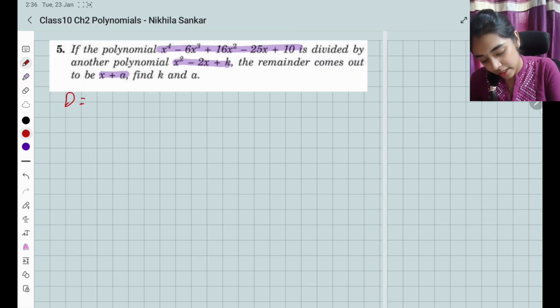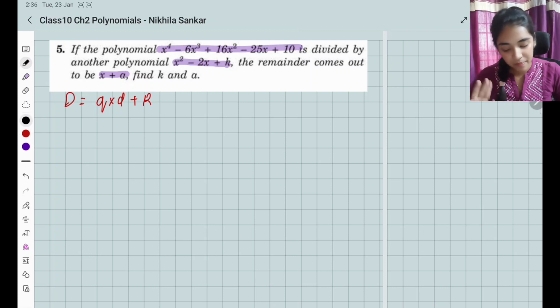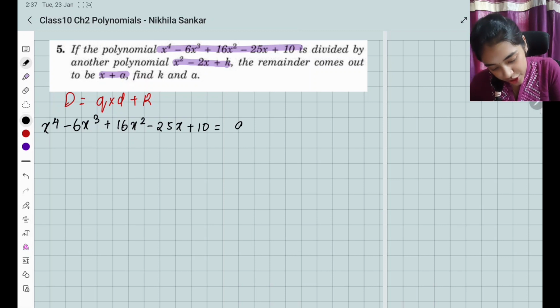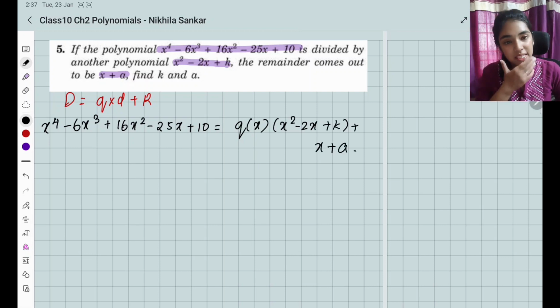What do we know? Dividend equals quotient into divisor plus remainder. Do you know this formula? Now what is our dividend? It is x power 4 minus 6x cube plus 16x square minus 25x plus 10 equals quotient, which we have not yet found, into divisor, which is x square minus 2x plus k, plus remainder, which is given to be x plus a. Now what am I going to do? I'm going to take this x plus a to the other side.